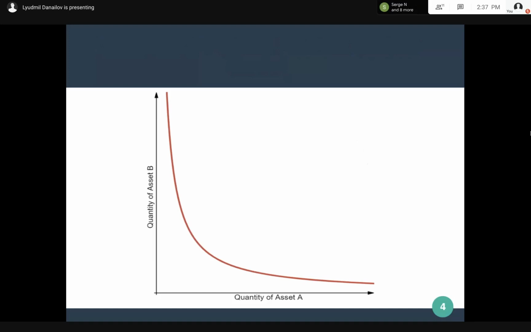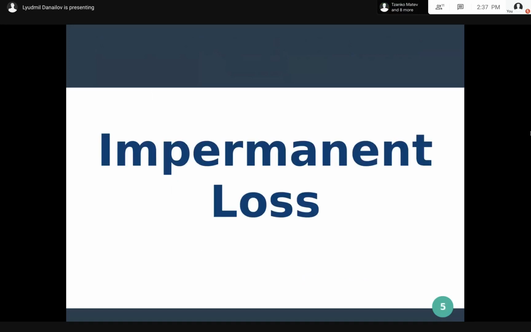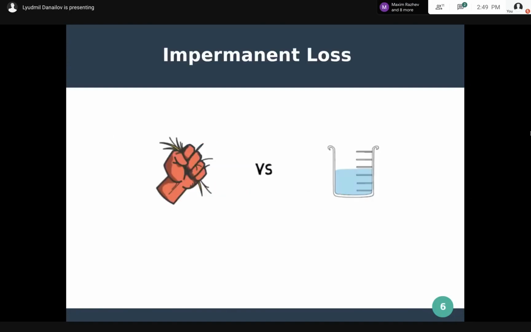Now we're going to talk a bit about impermanent loss. Generally, it's a temporary loss of funds occurring when providing liquidity, and simply put, it's the difference between holding tokens in an AMM, or automated market maker, and holding them in your wallet.